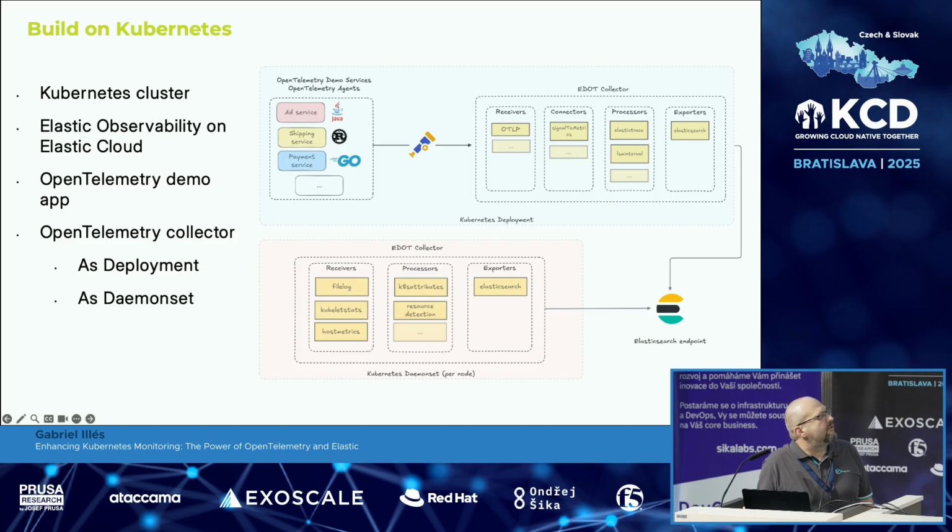These processors are also used for adding the same information to the data sent from the application. So basically this creates a correlation between those signals, and using Elasticsearch and Kibana dashboards, you can easily track what is happening in an application.